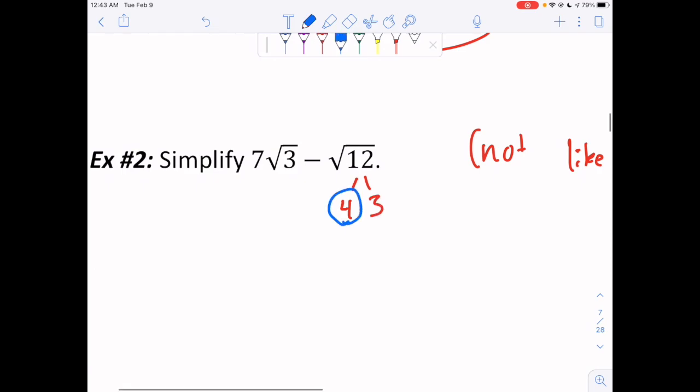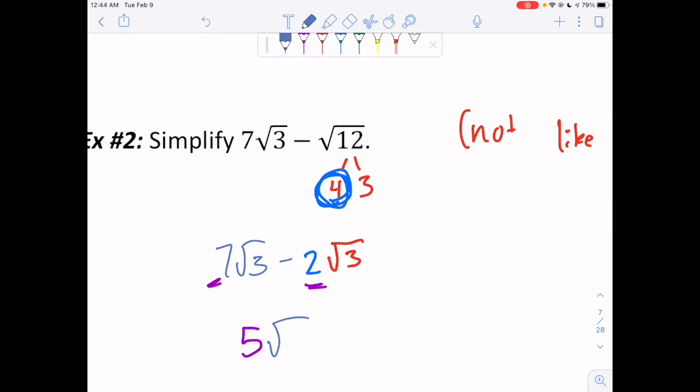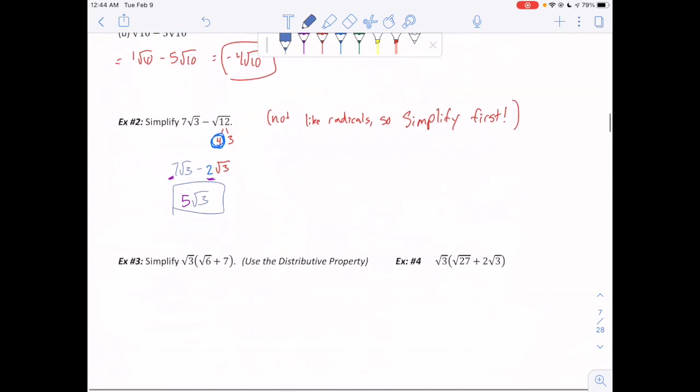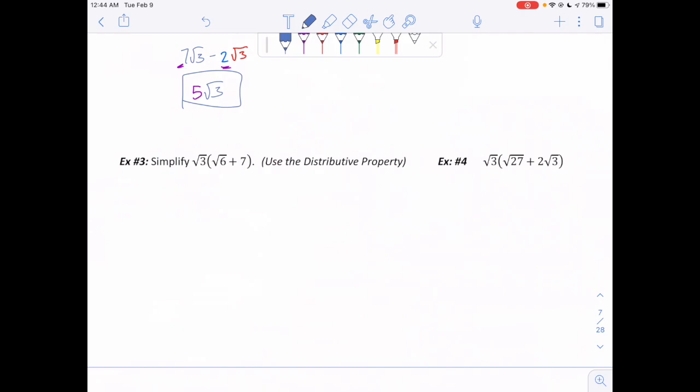Circle it. What's the square root of 4? Remember, the circle means the number goes outside. So 2 radical 3. I'll probably keep this in red. 2 radical 3. Now this is more doable. 7 minus 2 is 5. And then you just keep that like radical 3. Boom.